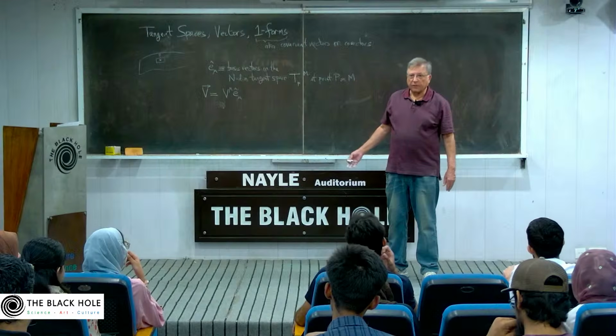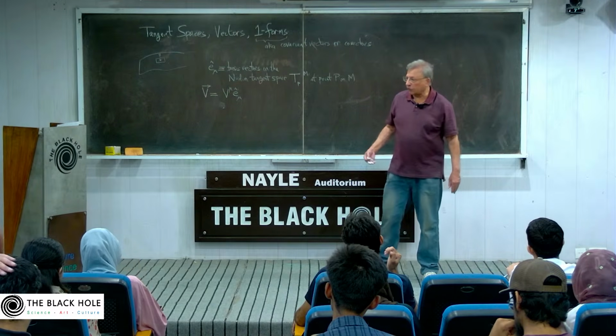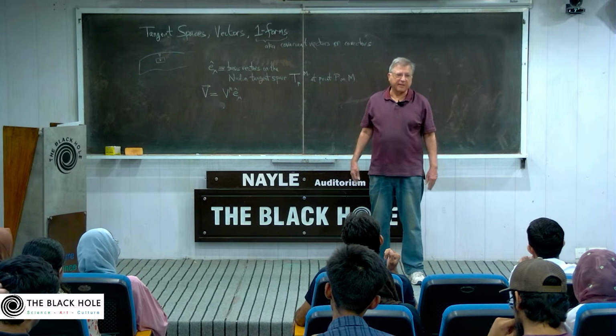Okay, so sir, you're saying that at this point you will have these basis vectors, and on another point you'll have different basis vectors, right? But why can't we just use these vectors to also describe those points? Because those vectors will be pointing in some other direction.